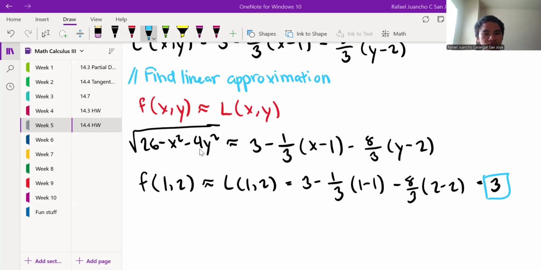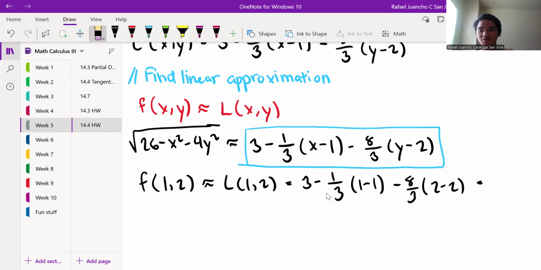Oh, my bad. Wait a minute. This is 1 and 2. No, I'm doing something. Oh, so for the first one, I have to plug in this function here. So I have to plug this in.